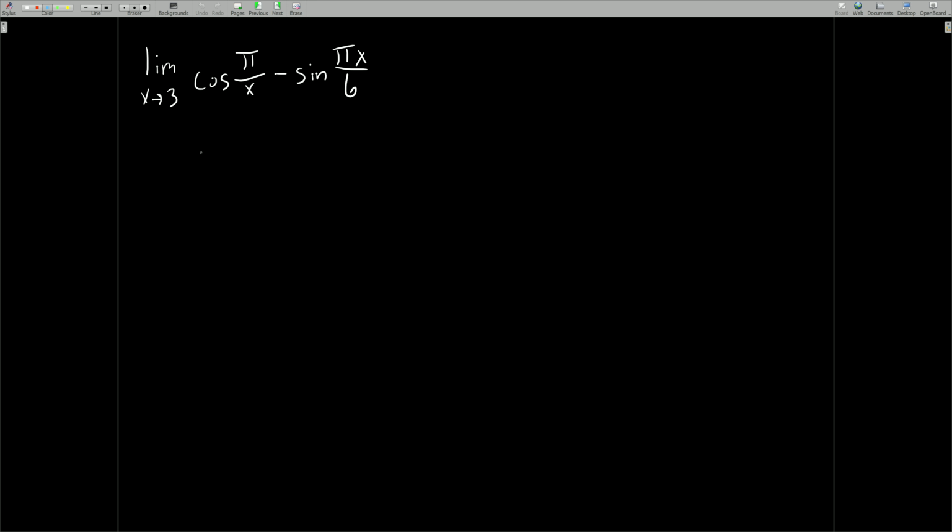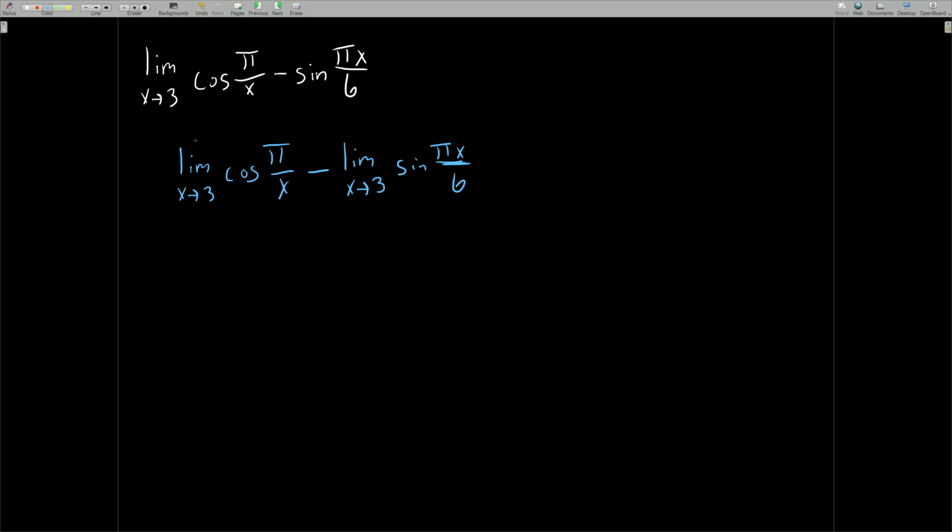Now let's try out the properties. So you have the limit of cosine of pi over x minus the sine of pi x over 6 as x approaches 3. First thing to do would be to split up this function into two limits: the limit of cosine of pi over x minus the limit of sine of pi x over 6. Whenever you have a plus, minus, times, or divided by, you split the limits across the two functions.